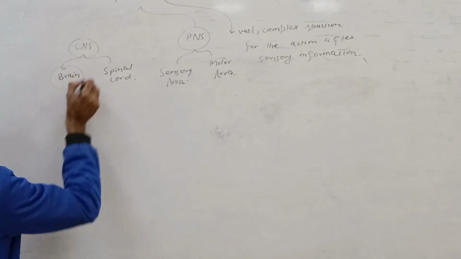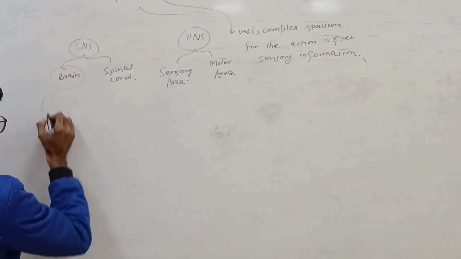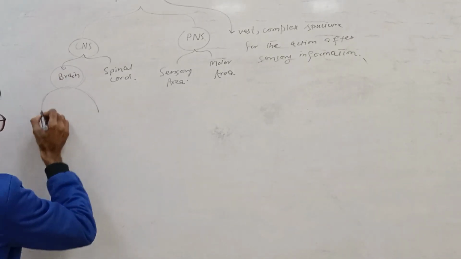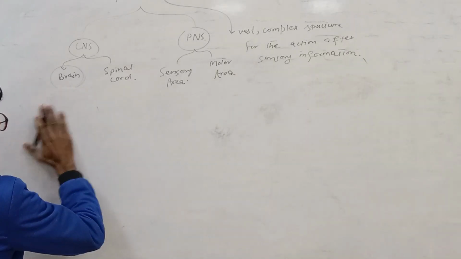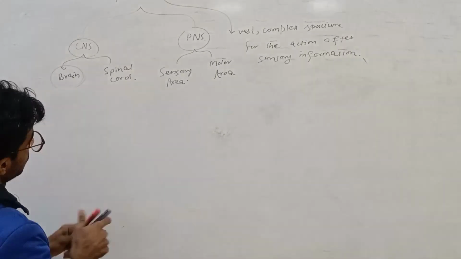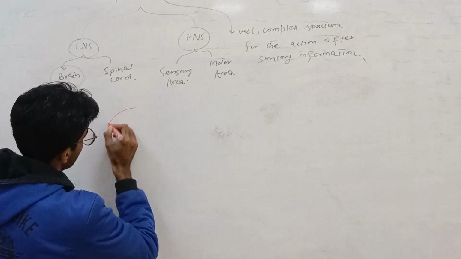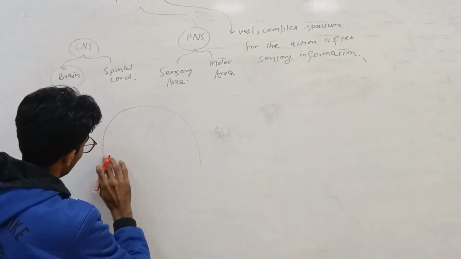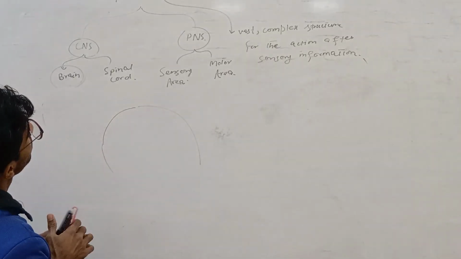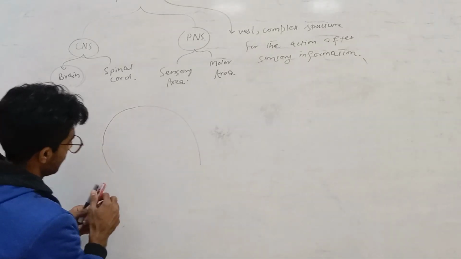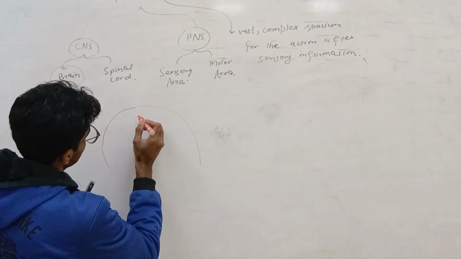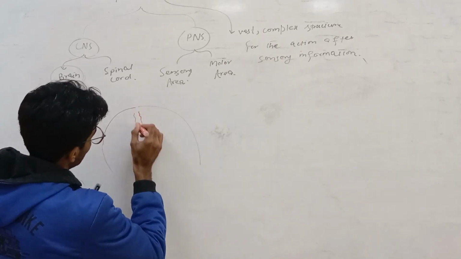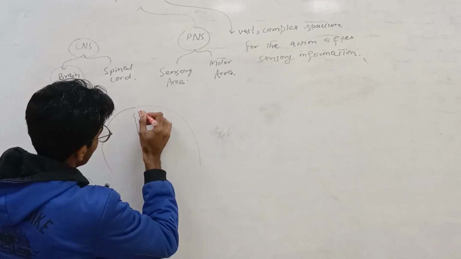Actually, the brain consists of, look at the structure here. Suppose we have a brain, a little brain. This little brain has two hemispheres.